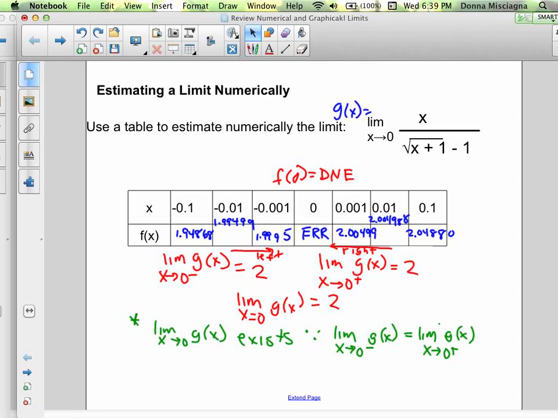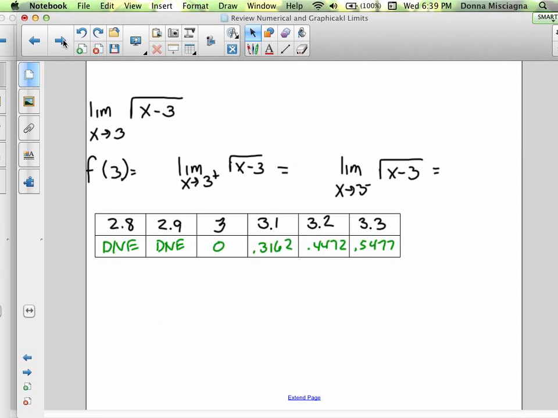So since the left-hand and right-hand limits are equal, the limit exists, and in this case our limit is 2. So we can estimate a limit numerically using a table of values.